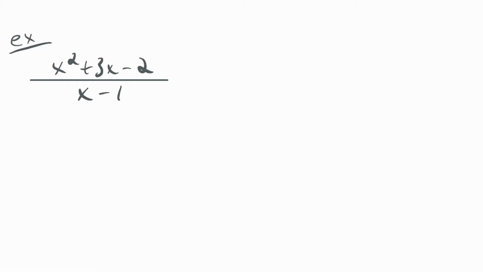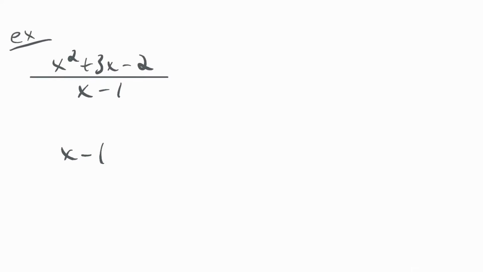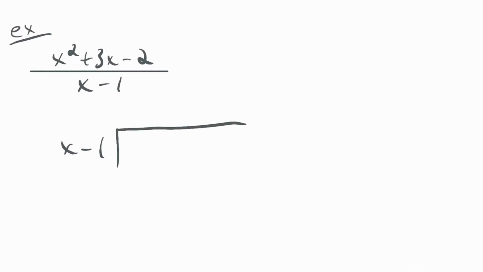Basically, I start out the same way as the previous step, x minus 1, divided into x squared plus 3x minus 2, okay? I have 2 terms here, so I'm going to focus on these 2 terms. And in particular, I'm going to focus on this term compared with this term.